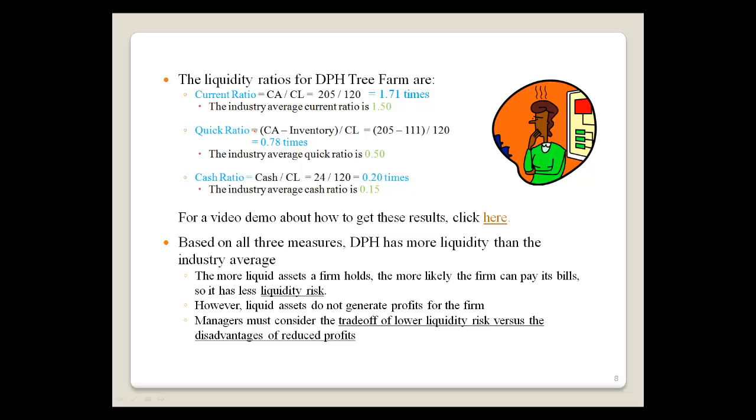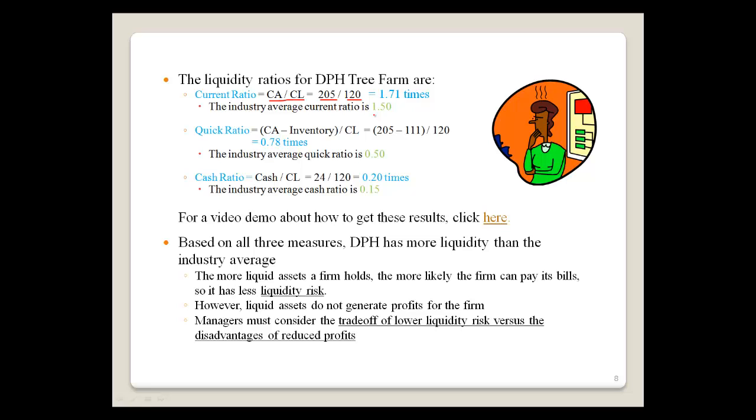The calculation of these ratios is actually really straightforward. For example, if you want to calculate the current ratio of this company for this year, current assets divided by current liabilities, current assets you should be able to find from the balance sheet, and current liabilities, of course, you can also find from the company's balance sheet. So you do the calculation, you realize it's 1.71 times.